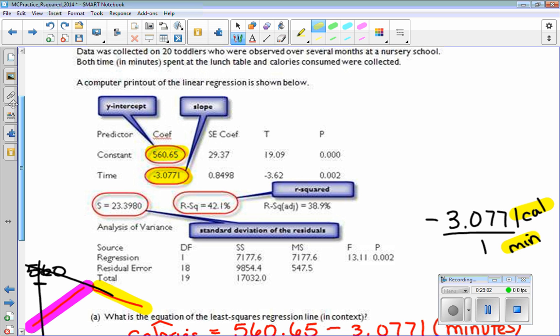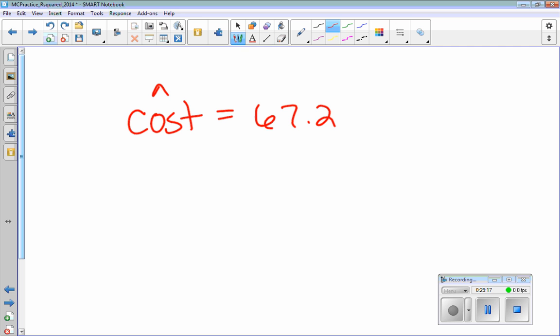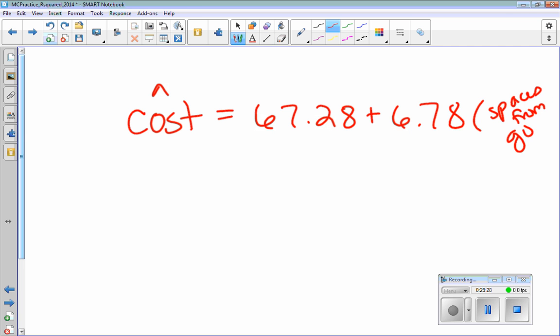Sometimes this one might be a little bit easier. In the monopoly problem, here was my equation: cost of the property was equal to 67.28 plus 6.78 times spaces from go. So that is what you should have written as your equation.